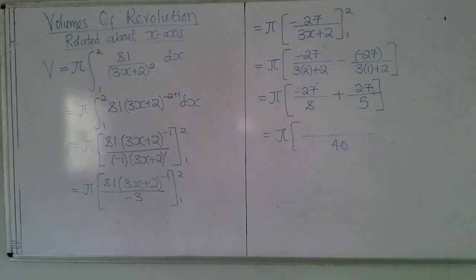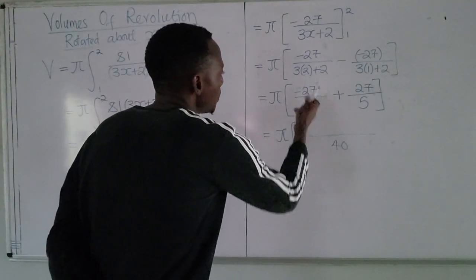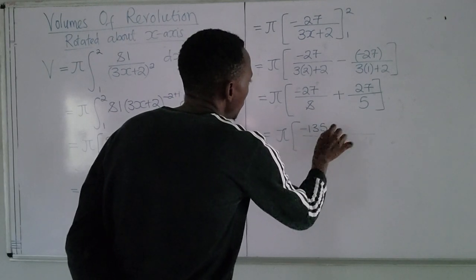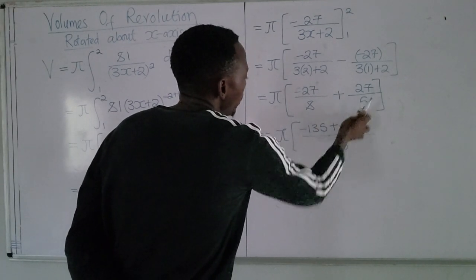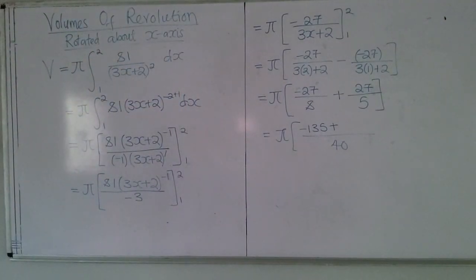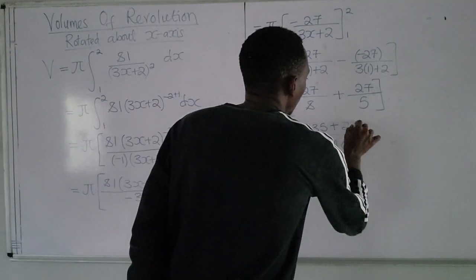When we divide 8 into 40, that's 5 times negative 27, we are going to get negative 135, plus 5 into 40, that's 8. 8 multiplied by 27, we are going to get 216.